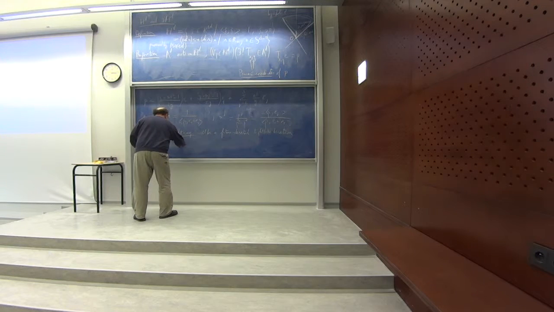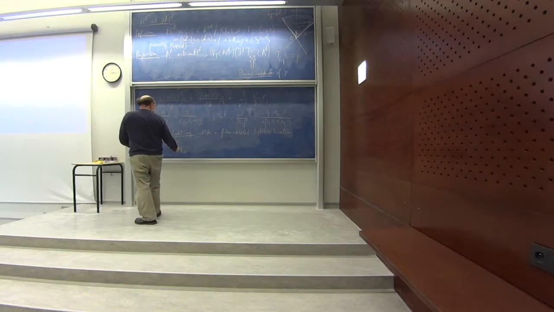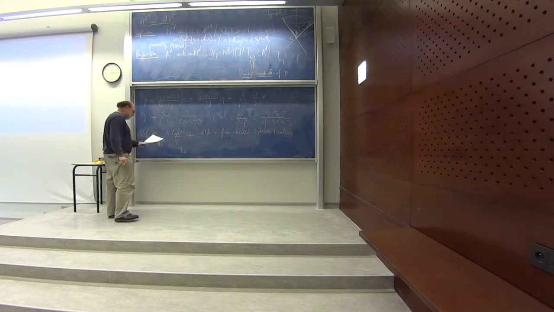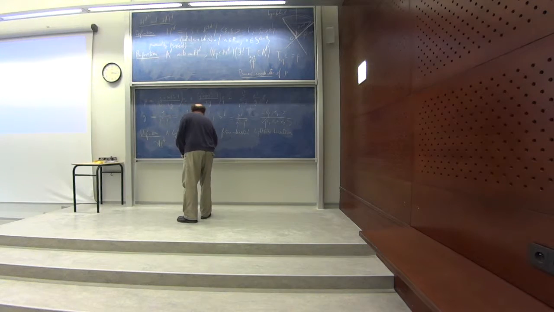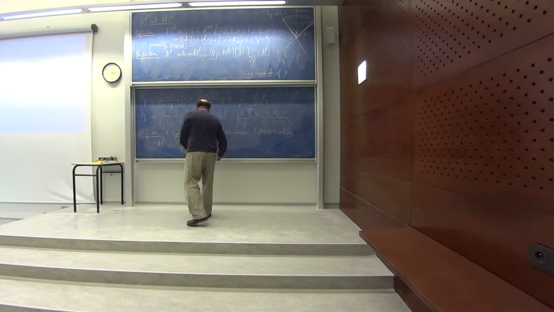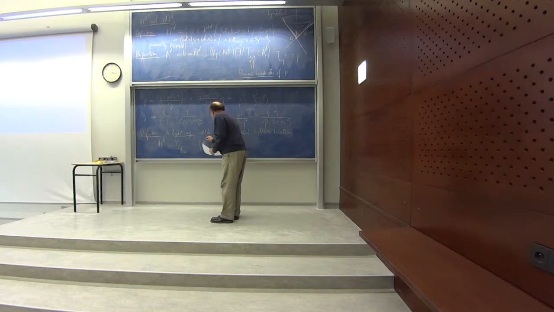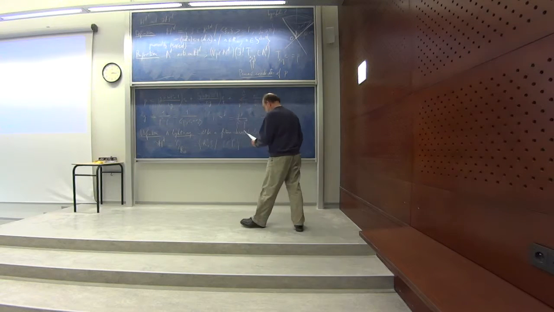This is then the light cone quotiented by dilatations by elements in R plus. So R plus star psi with psi in the light cone.